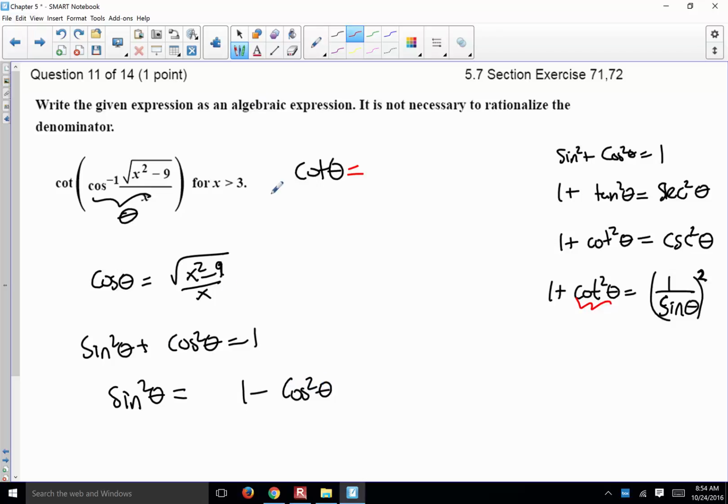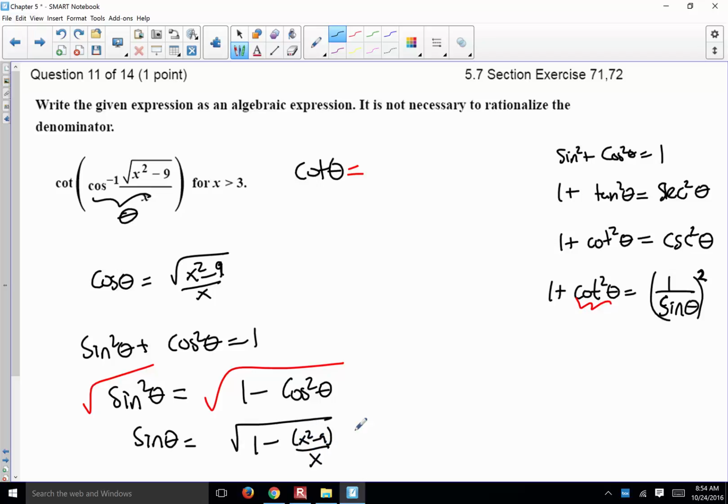Take the square root of both sides. Sine theta is the square root of 1 minus this thing. And then you need to flip and square it. No, I was thinking it's shorter. It wasn't shorter. So if you wish, you can continue and do it this way, but it's gonna be a lot of squaring and stuff. The best option is again to construct your right triangle.